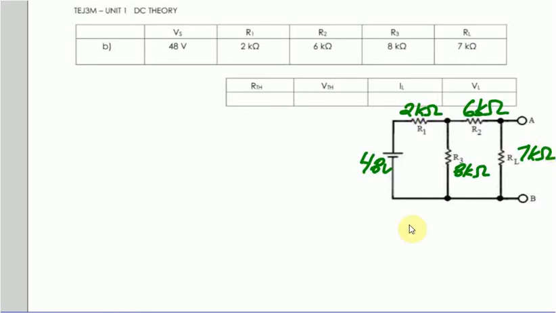So eventually what we want to get is something that looks like this. So let's draw it in. We're going to have one voltage source, which is the Thevenin voltage. We're going to have the Thevenin resistance.